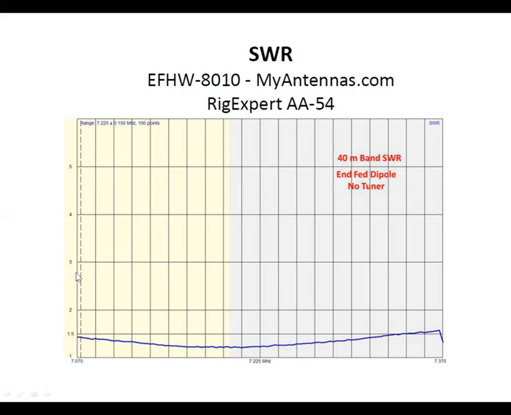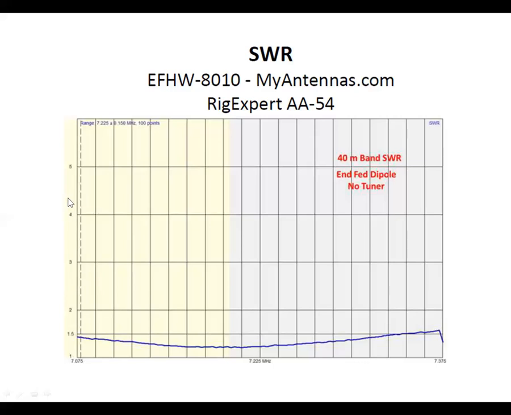And if you have, say, an integral antenna tuner in your transceiver, like if it was a Kenwood or an ICOM that has the antenna tuner, you can generally handle anything 3 and down. So without a tuner, you want to keep it below 2. With a small tuner, you want to keep it below 3.